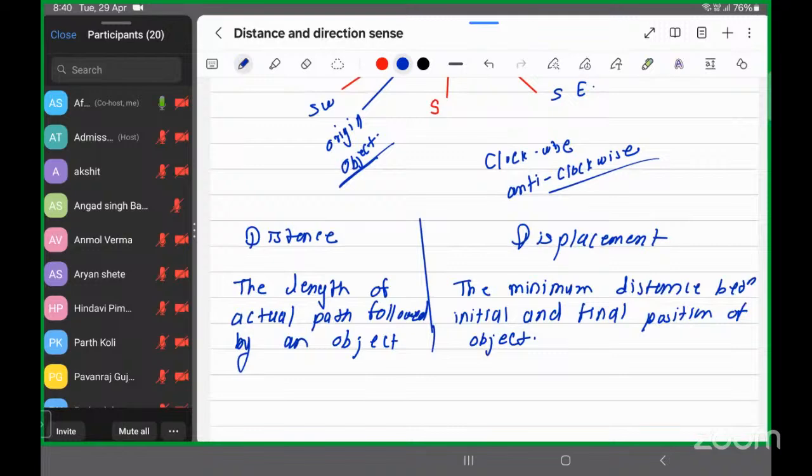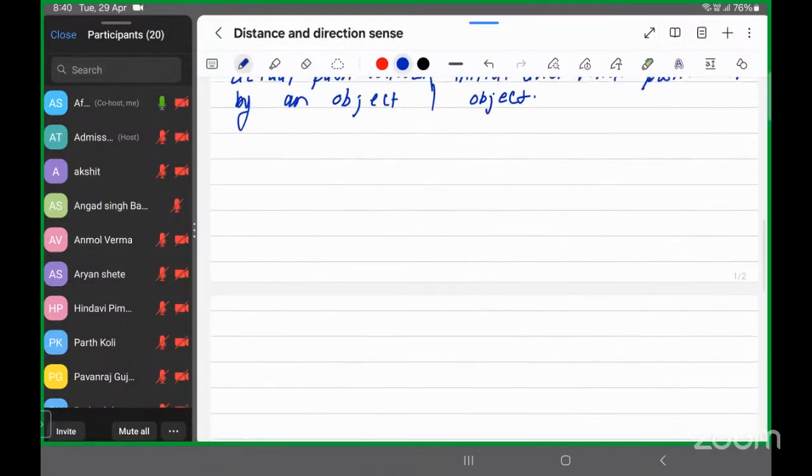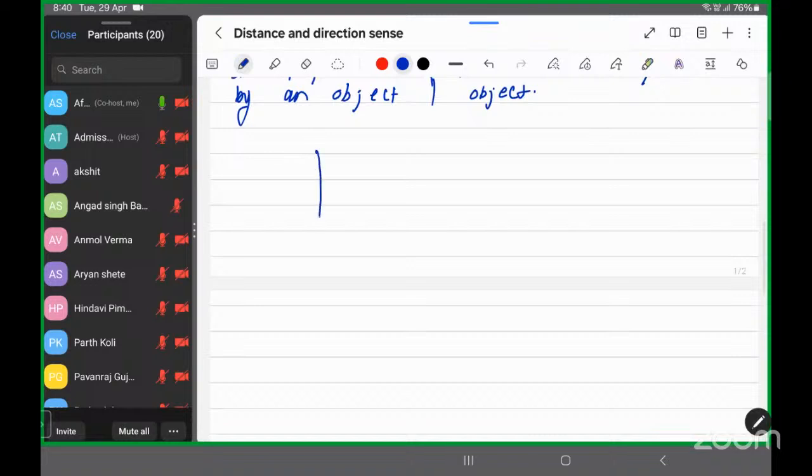To find this distance and displacement, we need one more formula called the Pythagoras theorem. Do you know about the Pythagoras theorem?